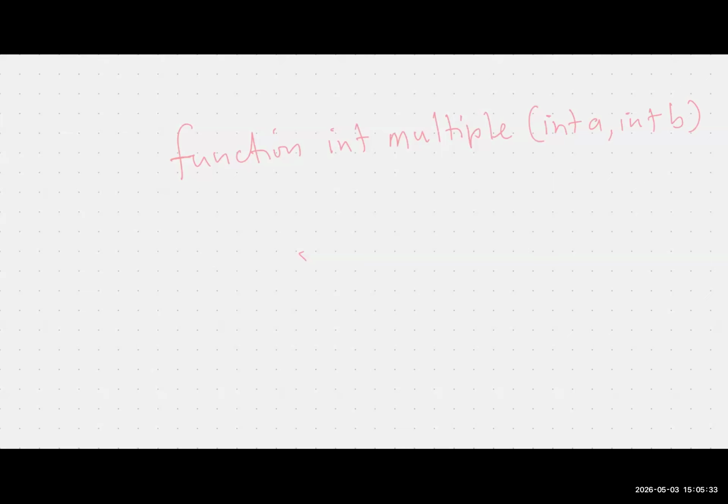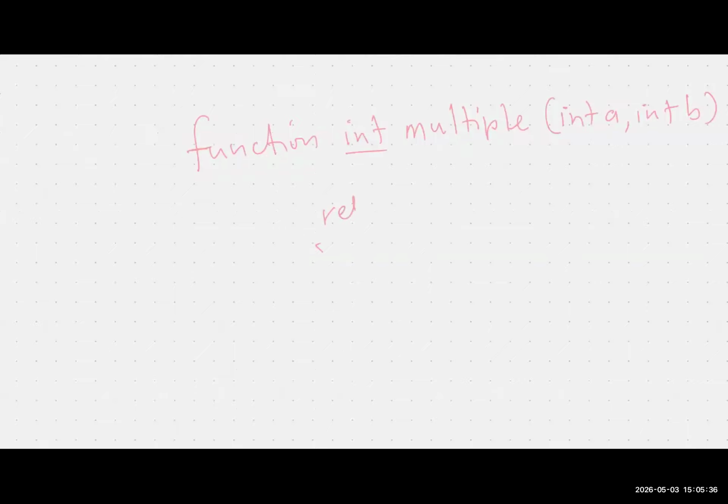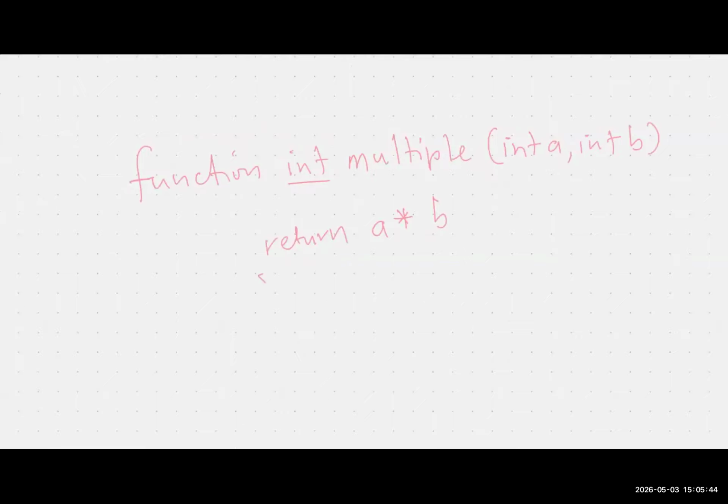So you can simply do return A star B. That's what we said the last time, that if you want to do multiplication in programming, you have to use the star. Then of course the last line, which is end function. It's not important, but I just want you to know the start and the end of everything I write.